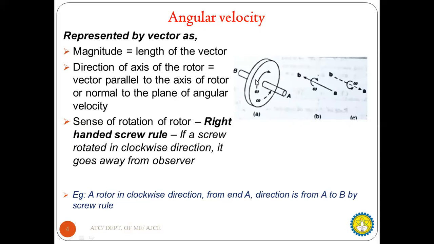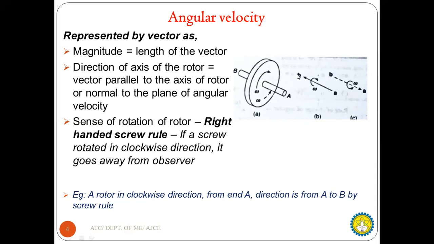First, its length is equal to the magnitude of this omega. Second, this axis and this line are both parallel. Third, the direction comes from the right hand screw rule. As the screw is rotated in clockwise direction, it goes away from the observer, so it is directed from A to B.